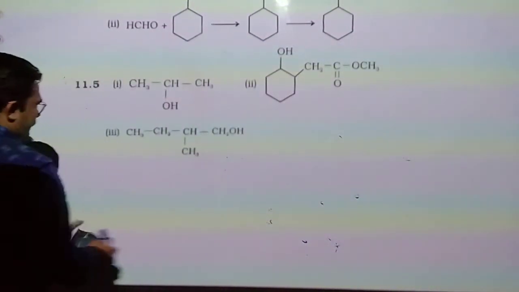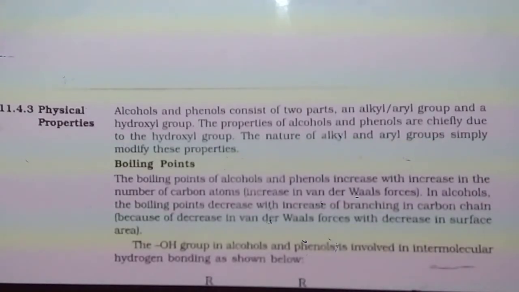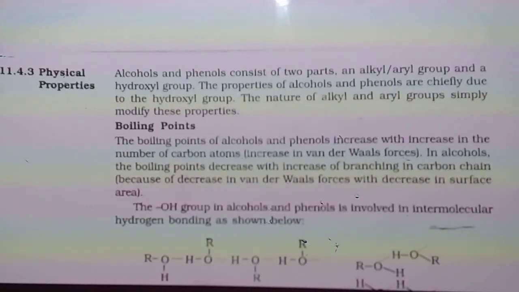In-text questions are over. Now we are going to a new point. Physical properties. Yes, sir. Actually, a compound has two types of properties, physical and chemical. Alcohol and phenol consist of two parts, an alkyl or aryl group and a hydroxyl group.